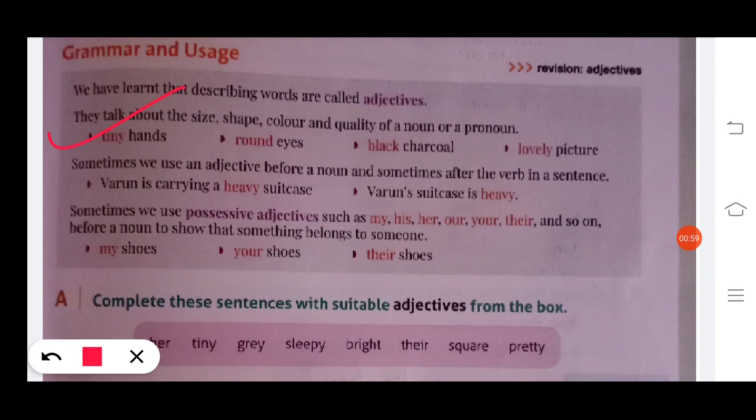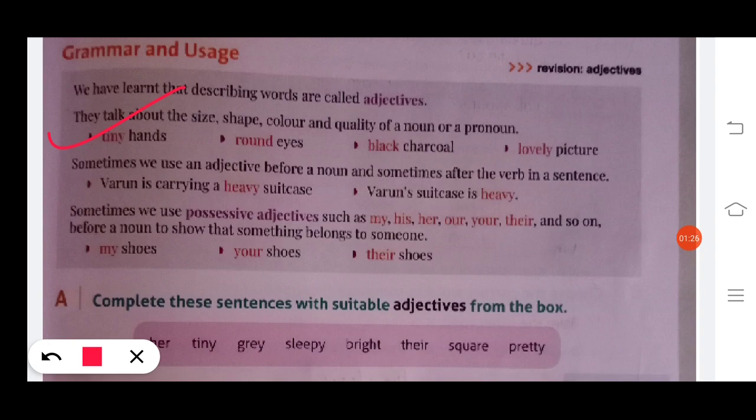Big hands, small hands, tiny hands. If a word is giving the size, shape, color or quality of a noun or a pronoun, then it is an adjective. So tiny is an adjective. Round eyes. Eyes is a noun, and what type of eyes? Round eyes. Round is an adjective.